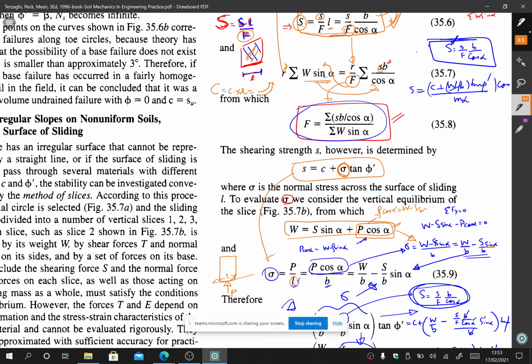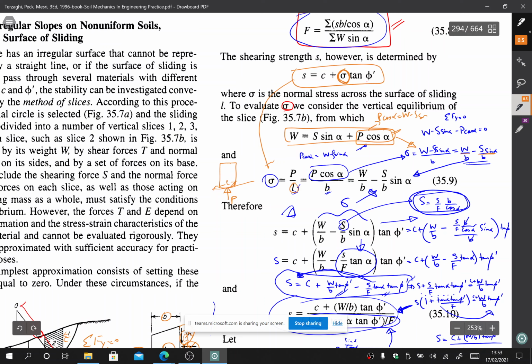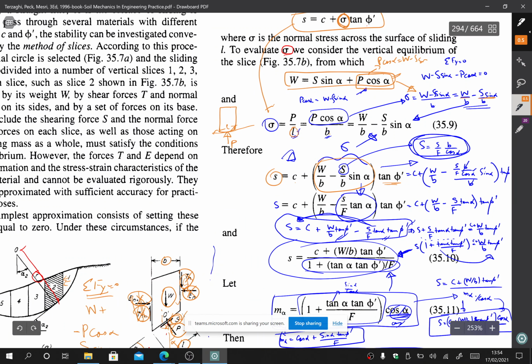We will put that value in the equation of shear strength. So shear strength S, this is unit shear strength, is equal to cohesion plus the value of normal stress into tan phi dash. Okay, so plug in the values, and now here once again we will place the value of capital S, that was the shear strength for the slice that we found out previously.